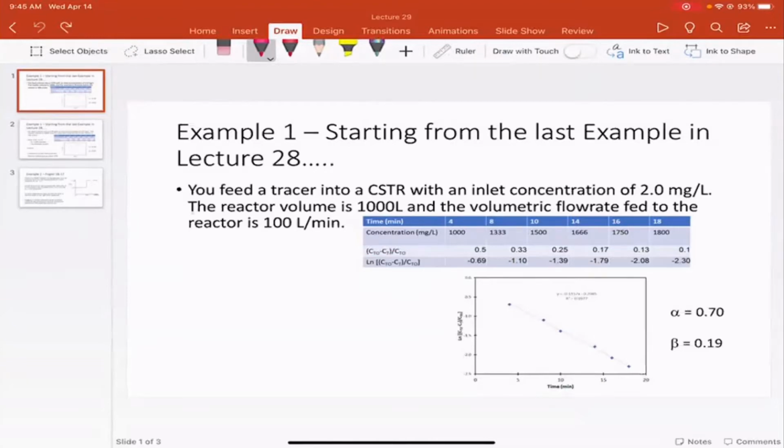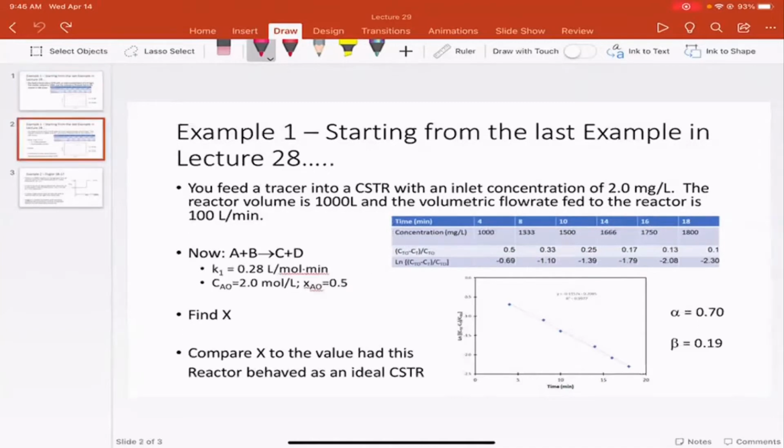And that plot here in the bottom right would give you a slope and the intercept. The intercept was equal to just the natural log of 1 minus beta. And then the slope was related to both alpha and beta. So what we did first was read the intercept, determine beta, and then we used that to find alpha. And we found that alpha was equal to 0.7 and that beta was equal to 0.19.